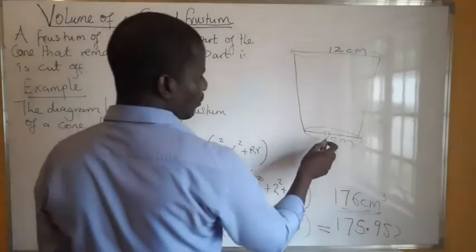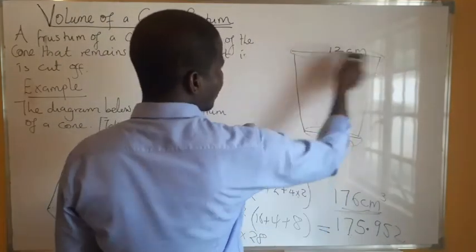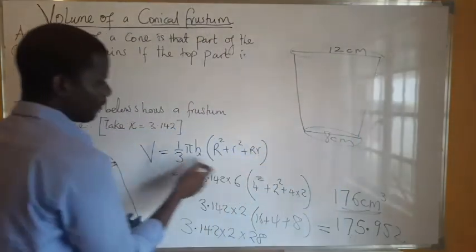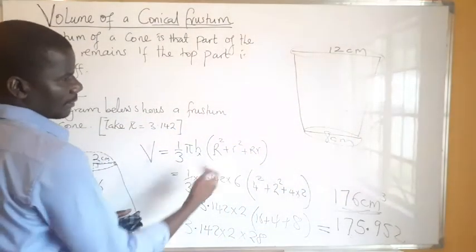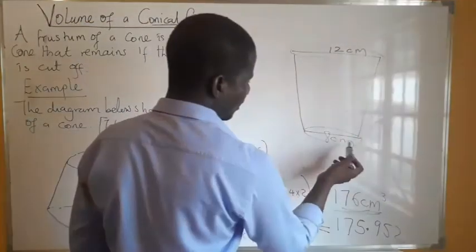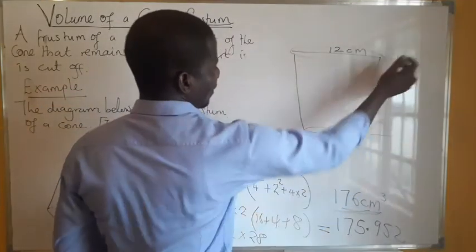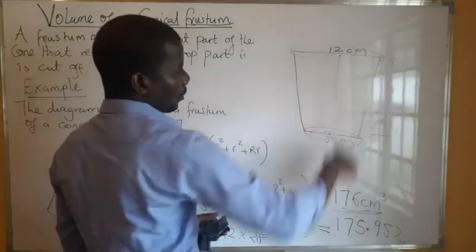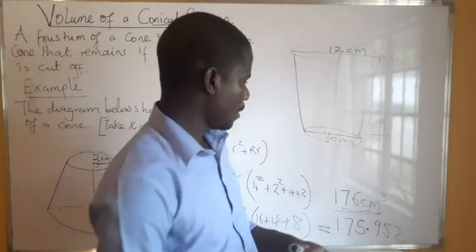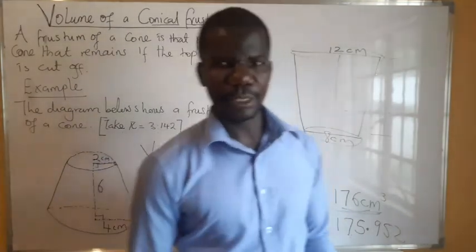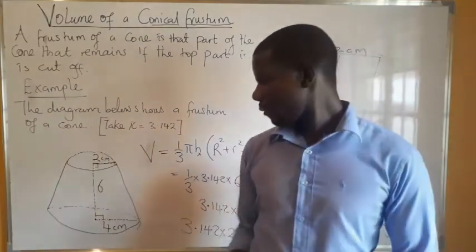You should know that this is diameter here, this is also diameter, but what we need in our formula is radius and radius. So to get radius, you need to divide this by 2. Height will always be given here, whether this side or in the middle. Okay? Basically, this is what we are supposed to know about this formula.